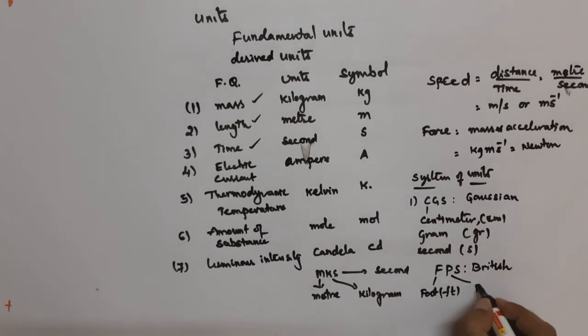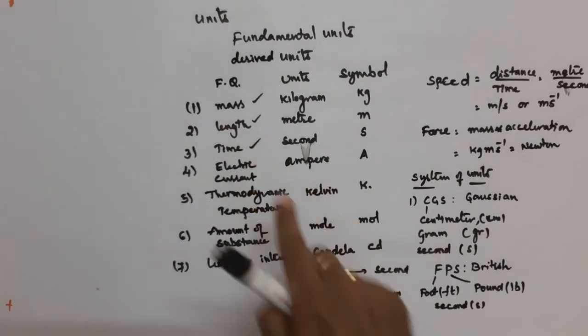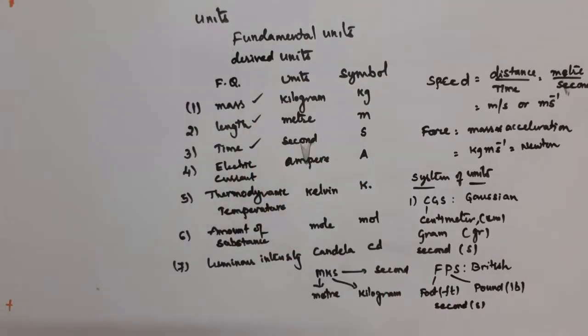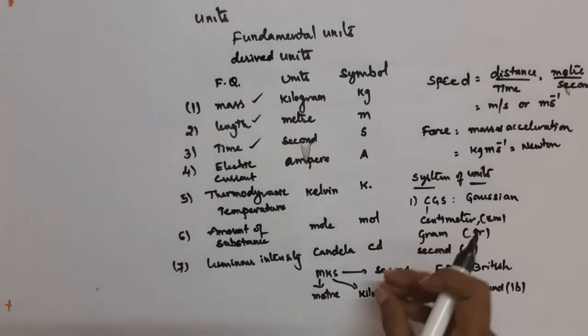P stands for pound, lb, and S stands for second. Foot is for length, pound is for mass, second is for time. Likewise we measure the fundamental quantities using the different systems.